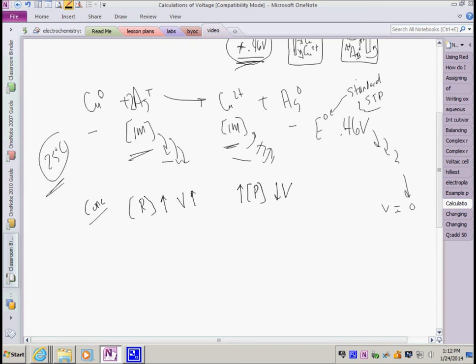That's where I'm going to eventually end up when I crank up those concentrations. In this case, if it's just the opposite and my reactant concentration were to drop, my voltage would drop. If I were to drop the concentration of my products, my voltage would, in this case, increase.